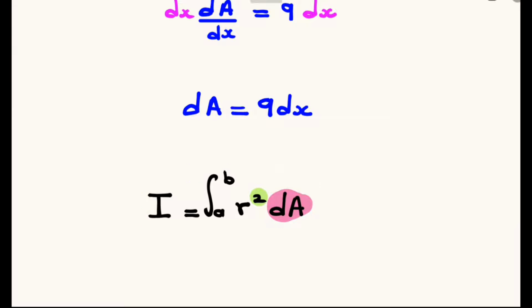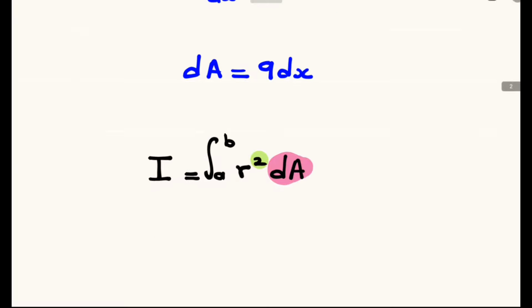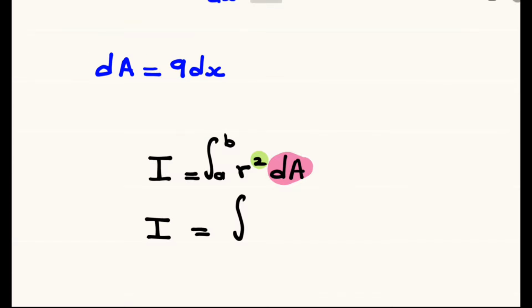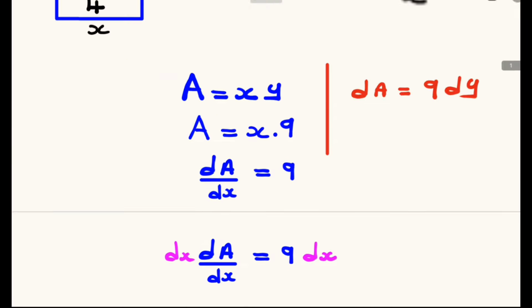The second moment of area I will be equal the integral of r squared, but in this case our r will be equal the shorter side. So our r will be equal x, and the limits of the integral will start at 0 and end at 4.